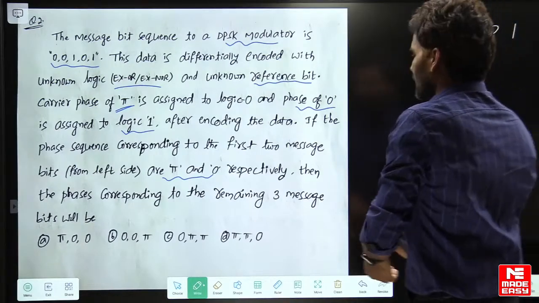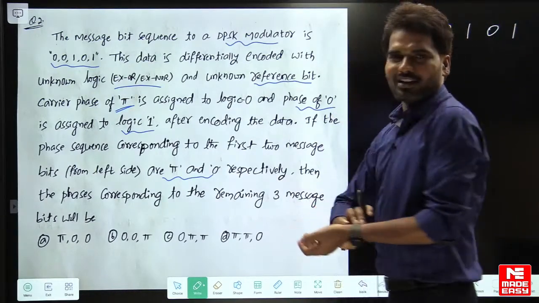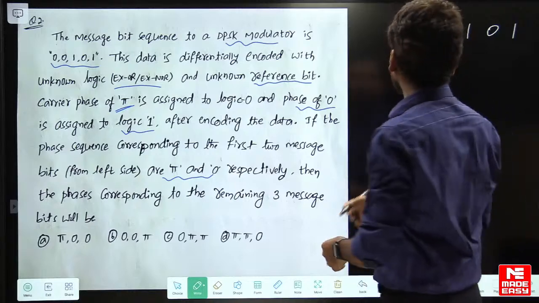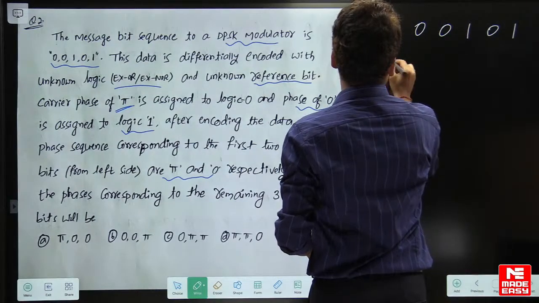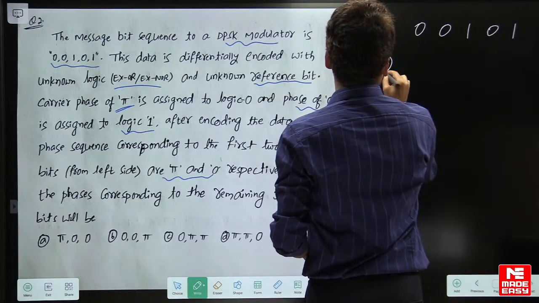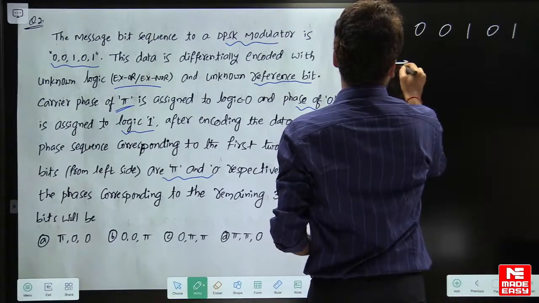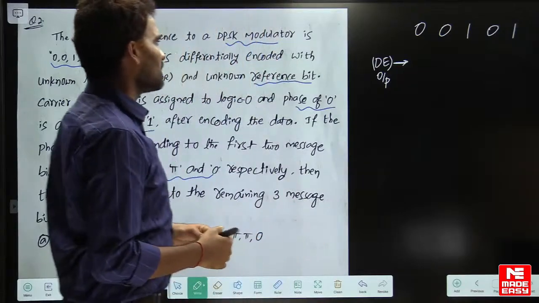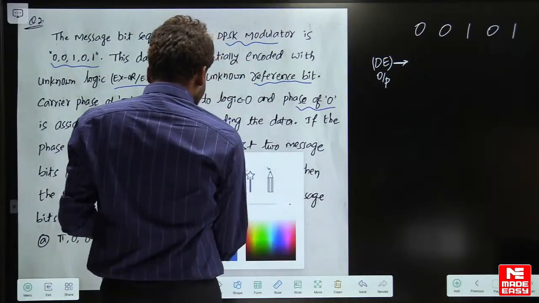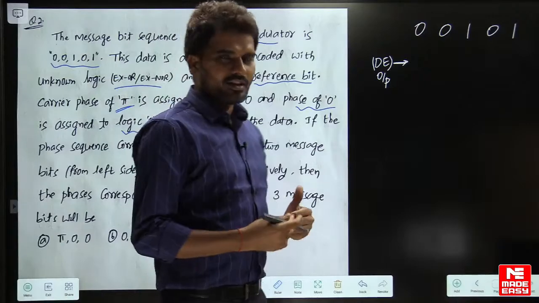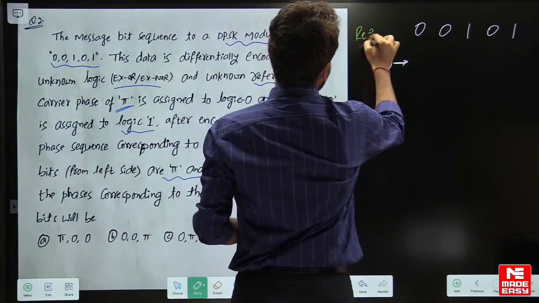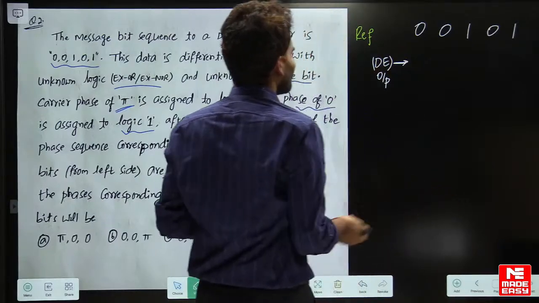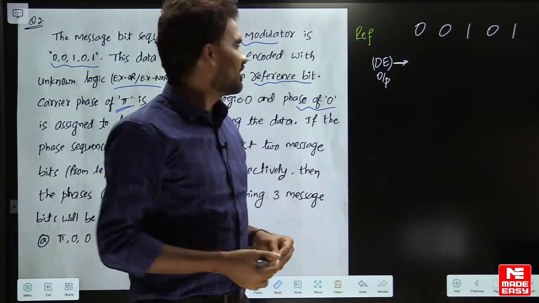I think you know how to perform differential encoding. Let's see the differential encoder output, the DE output. With every differential encoder, a reference bit will be associated, but the reference bit is unknown.